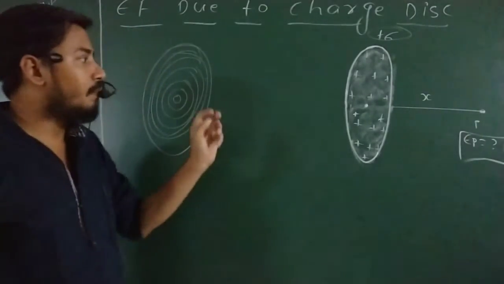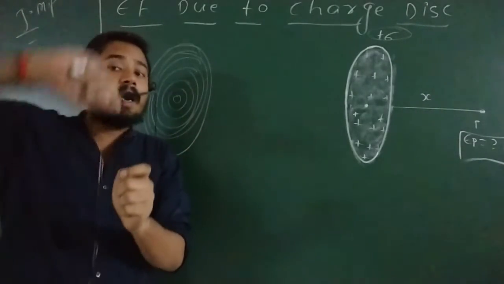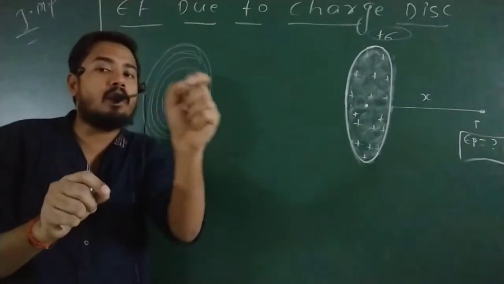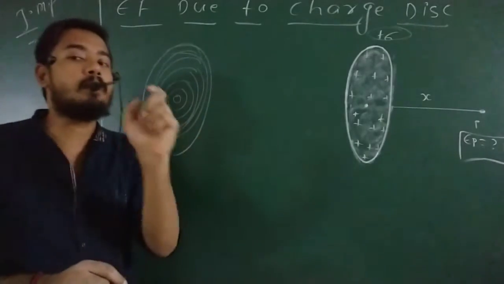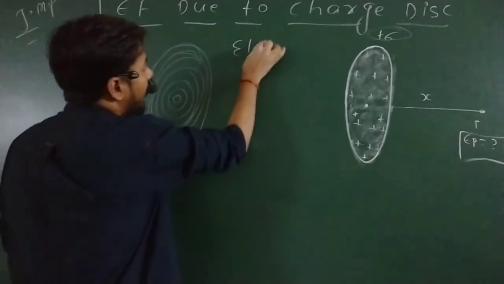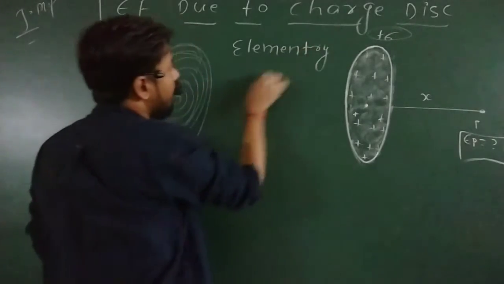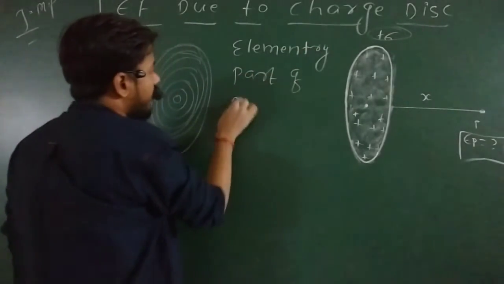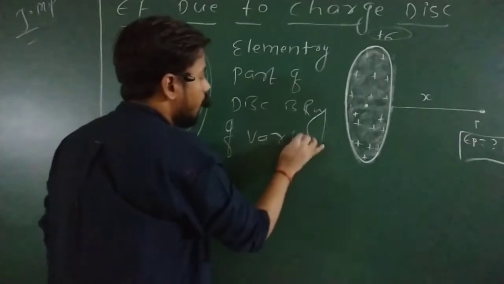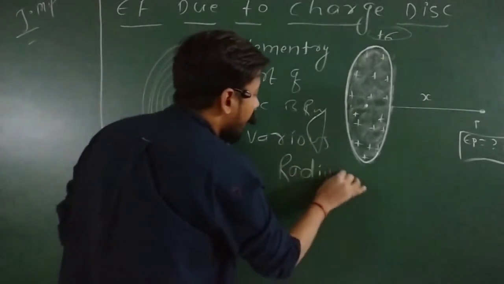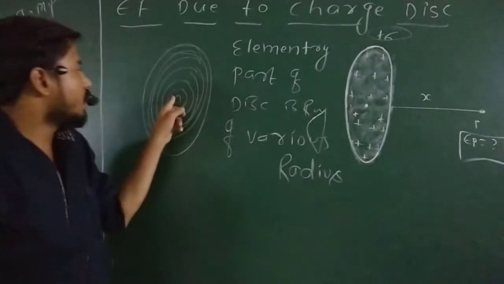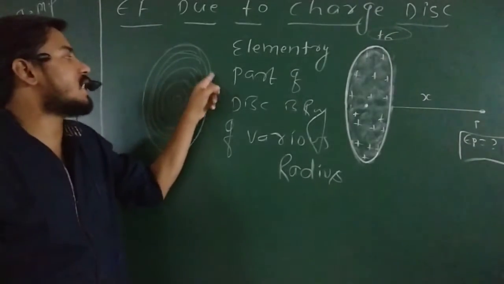So in this case, we take the elementary part as a ring. In the case of a ring, we took the elementary part as a point charge, because a ring is made up of a combination of lots of point charges, but this disk is made up of a combination of lots of rings. So the elementary part will be a ring. The elementary part of a disk is a ring of various radii. The disk has lots of rings with radii like r, r1, r2, and so on up to here.